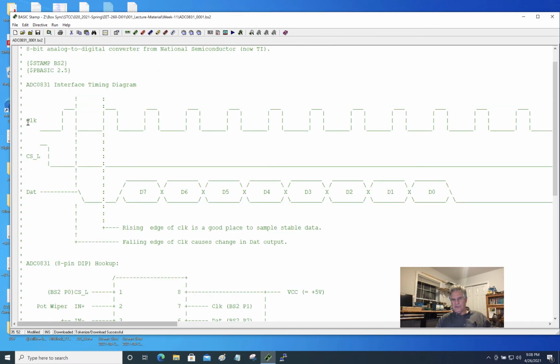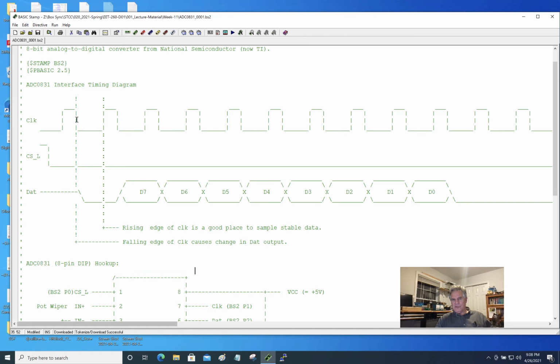Now, lots of digital systems, as you may or may not know, I hope you do, are driven by a clock signal. It's a periodic rectangular waveform where the rising edges and or falling edges denote timing events and allow systems to operate sequentially.